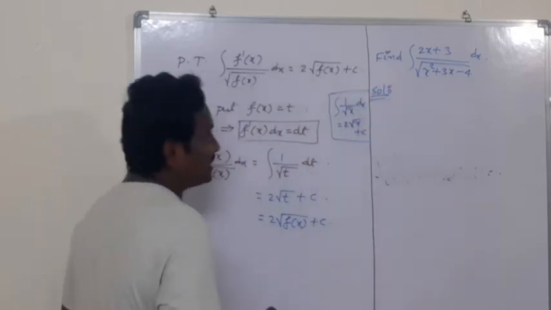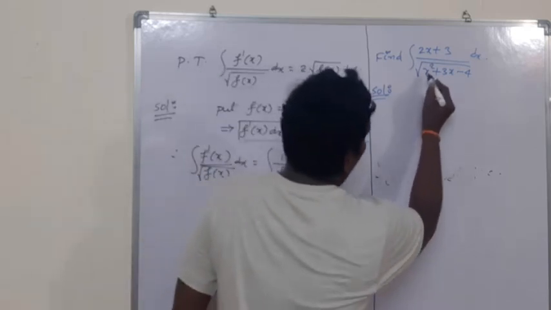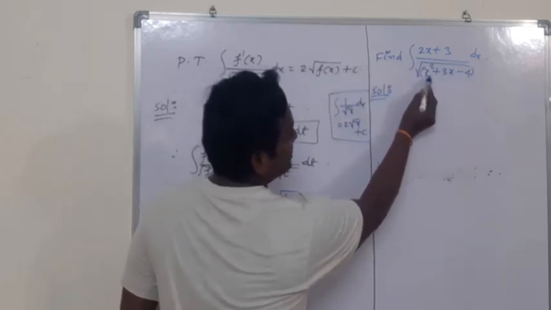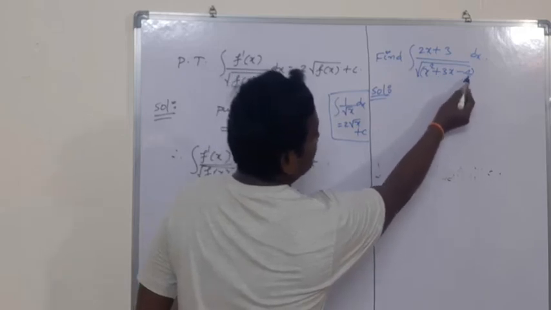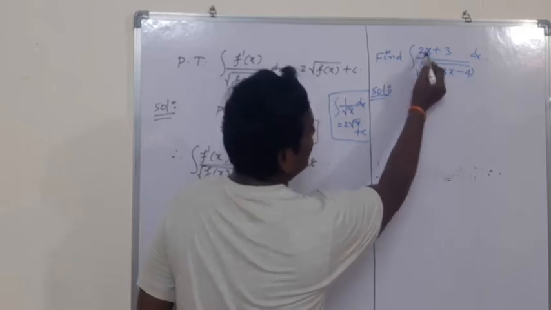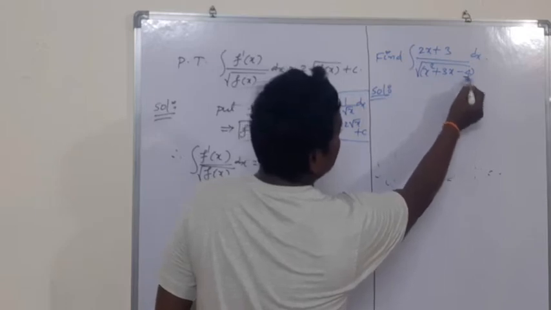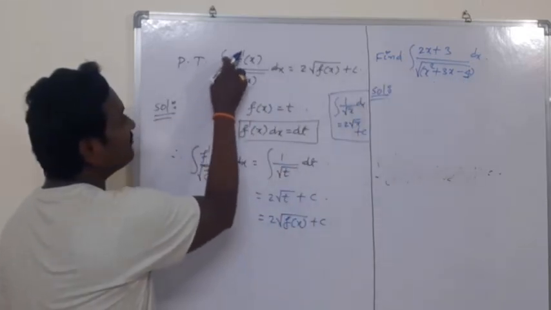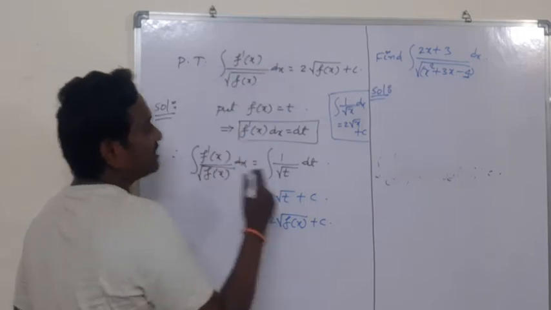Clearly we are observing that the derivative of the internal term of the denominator, which is x square plus 3x minus 4, is 2x plus 3, differentiation of 4 is 0. So it is in the form of integration of f dash of x by root over f of x dx.